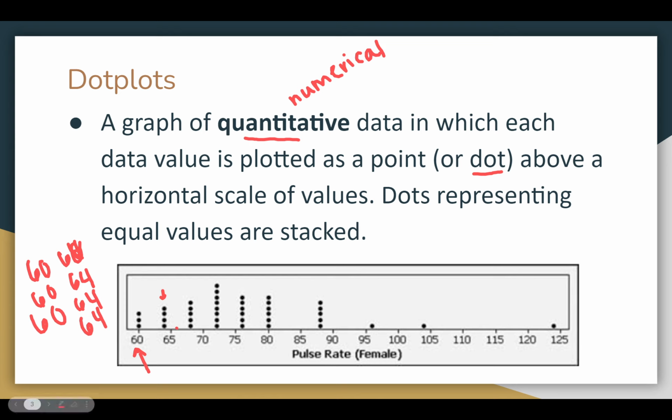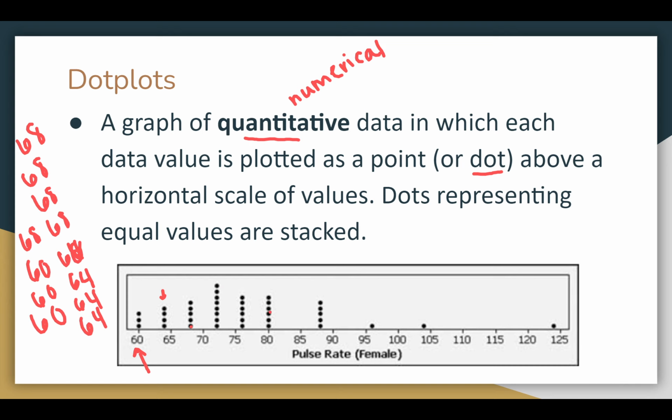And then this would be about 68, and there's 1, 2, 3, 4, 5, so we would write 68 5 times. And so on. This would be about 72, and we would write that 8 times.